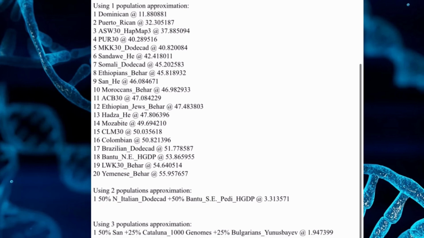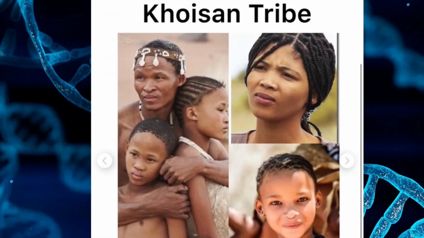And all the way at the bottom, we have the 3 population approximation, and this is the equivalent of if my grandparents were from 3 different countries. What do my genetics reflect that those 3 countries would likely be, hypothetically speaking? So they have 50% San, and San stands for Khoisan. I don't know how to pronounce it, but the indigenous people of South Africa.